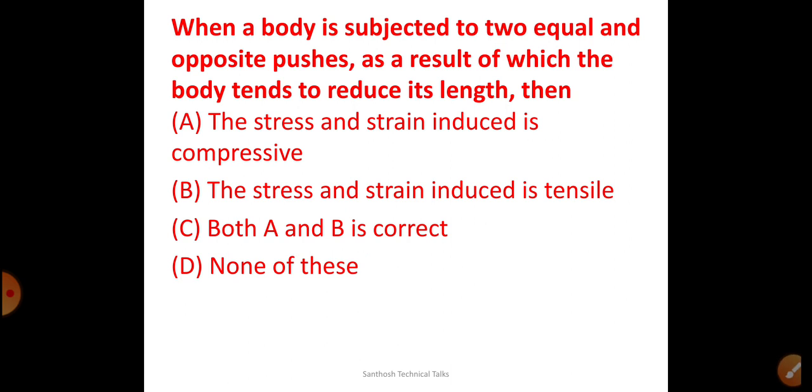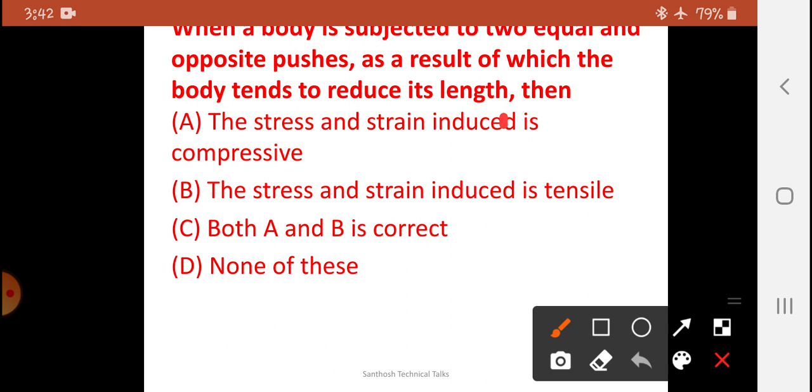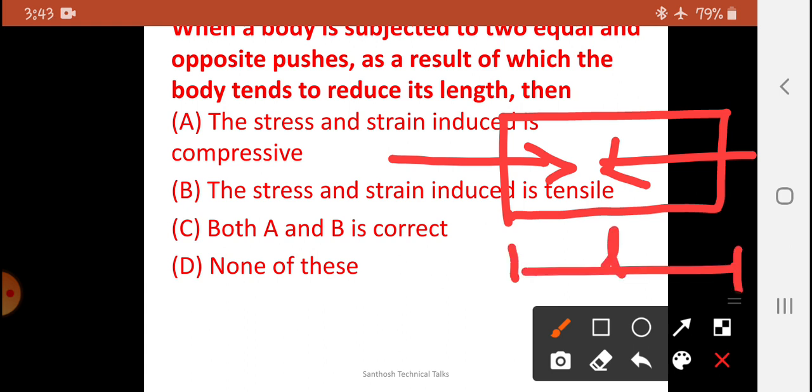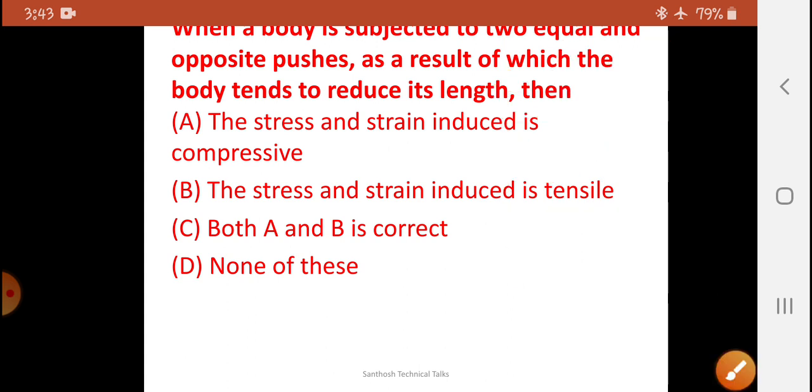And next, very superb question. When a body is subjected to two equal and opposite pushes, as a result of which the body tends to reduce its length. So this is a body, two equal and opposite pushes, the original length is L, let us say, so it reduces to L minus delta L. So this is called the stress and strain induced in compressive nature.